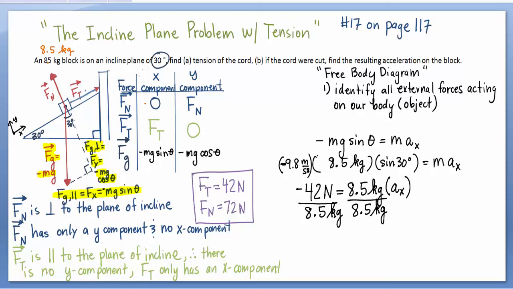And that gives us a negative 4.94 meters per second squared. And that is equal to ax. So if the tension is cut, it accelerates in the negative x direction. That's what that means, at 4.94 meters per second squared.